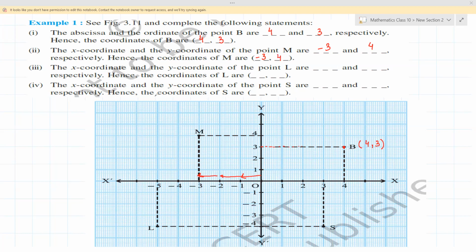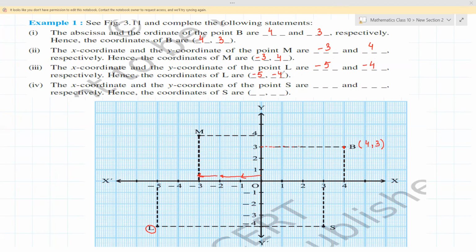Okay, Zeba, now you will tell me. Point L. So this is the point L, right? What is the x coordinate? -5. Okay, and y? -4. Is this clear, everyone? Yes, ma'am. Hence the coordinates are (-5, -4), right?